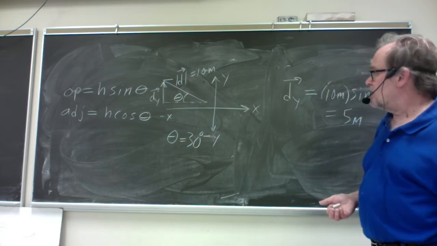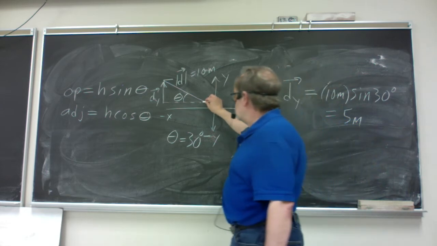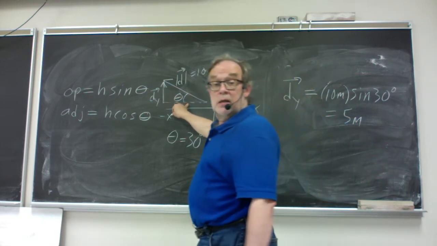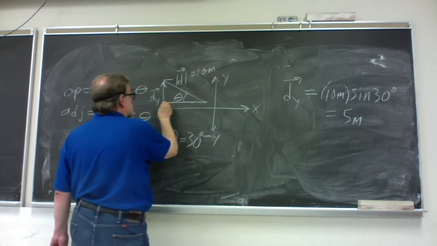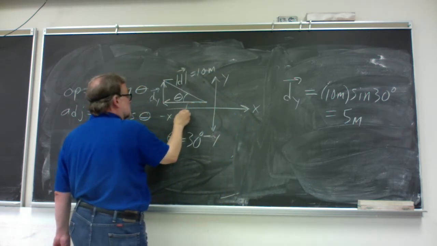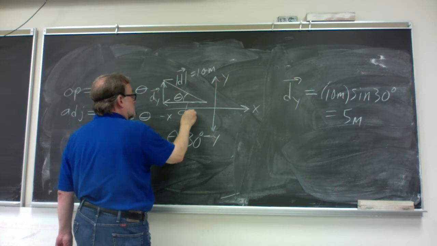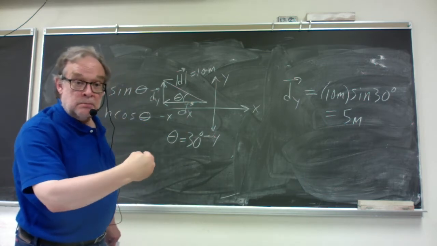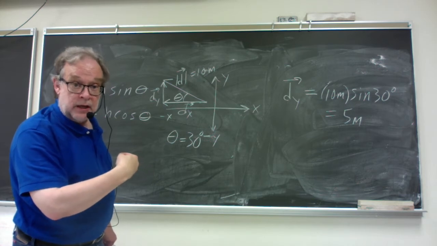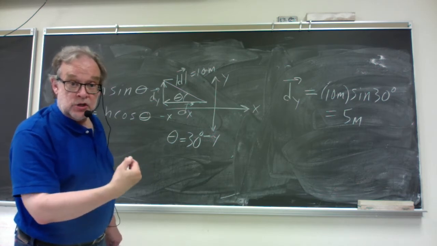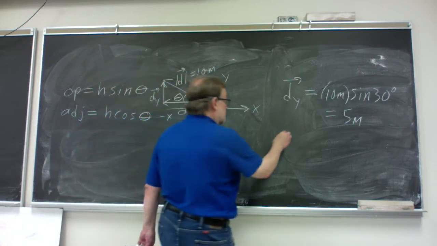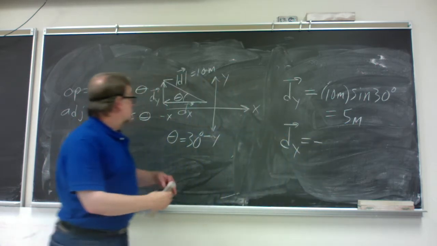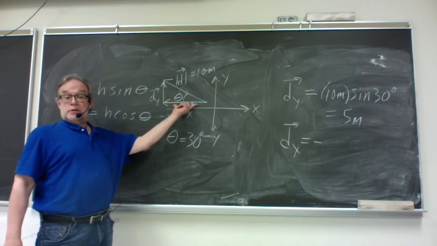And then the adjacent side of this triangle corresponds to the x component, dx. Dx points in the negative x direction, so the actual value of dx is -1 times the length of this side of the triangle.